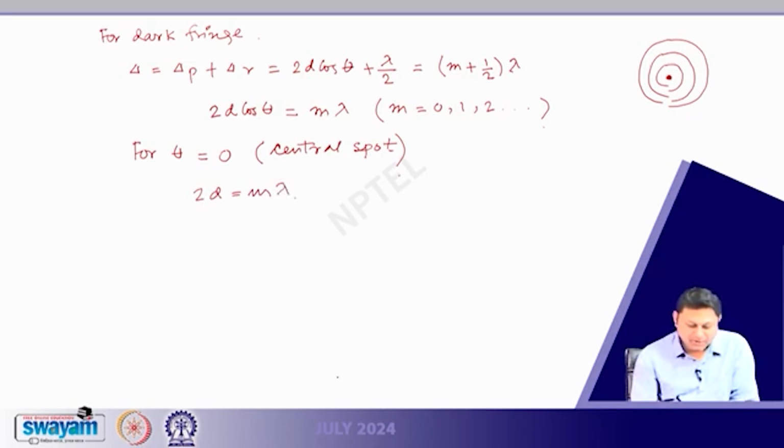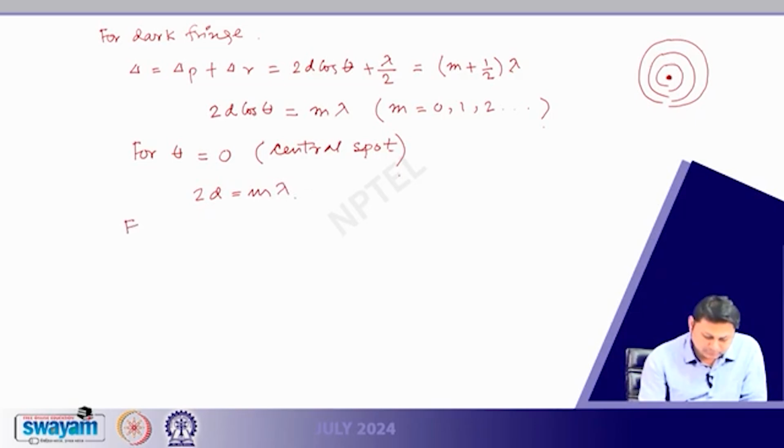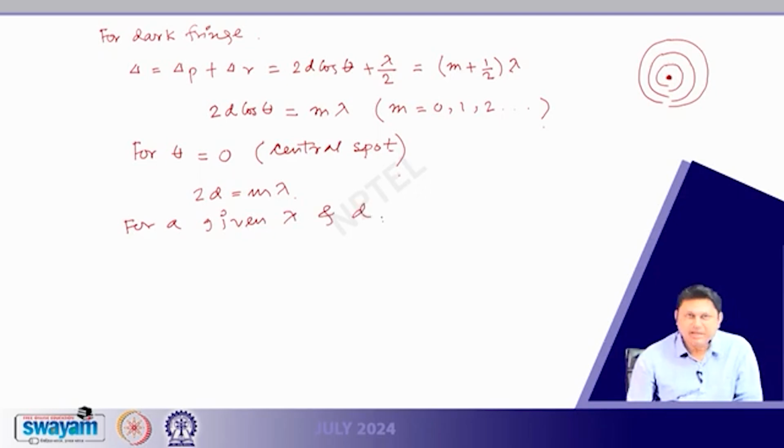So, for a given lambda and d, usually this m value should be very large.